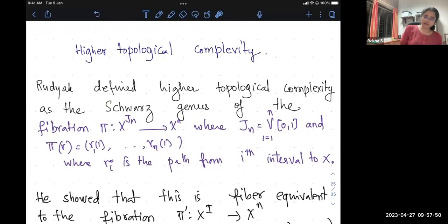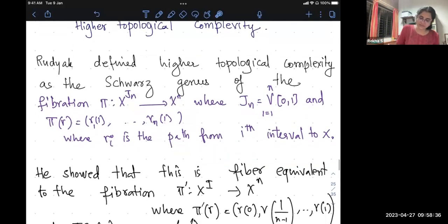Okay. So Rudyak defined the higher topological complexity as the Schwarz genus of the fibration phi from X to X^n, where J_n is basically a wedge of n copies of I, the interval 0 to 1. And then we're looking at the map from X^J_n, the paths in X, so these are n paths in X, going into X^n, where since all of these paths have the same starting point, we're looking at where all these paths end up.